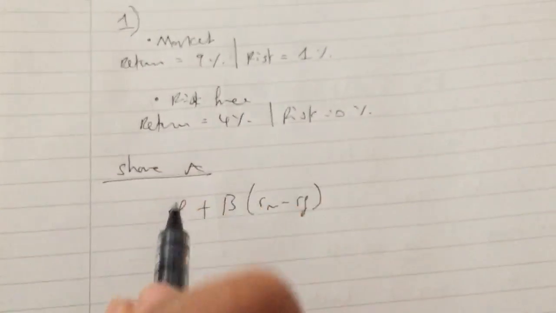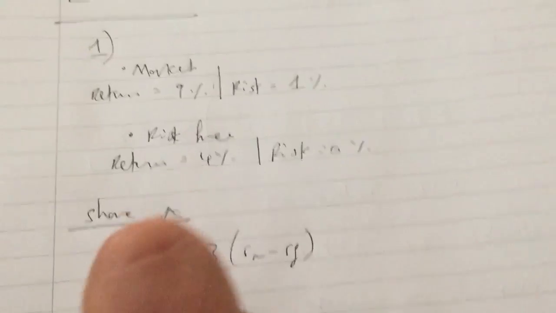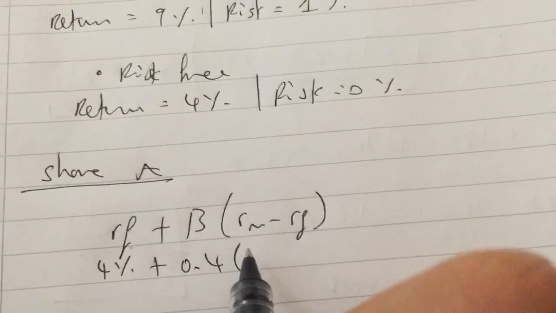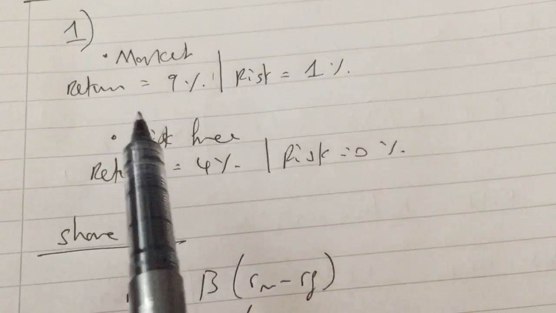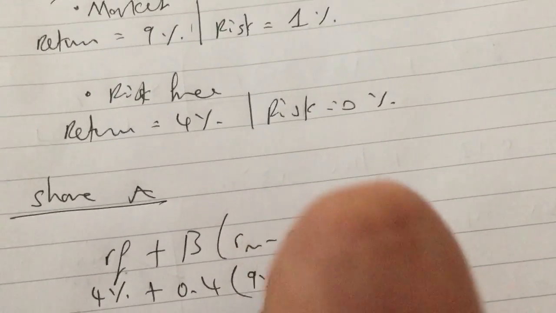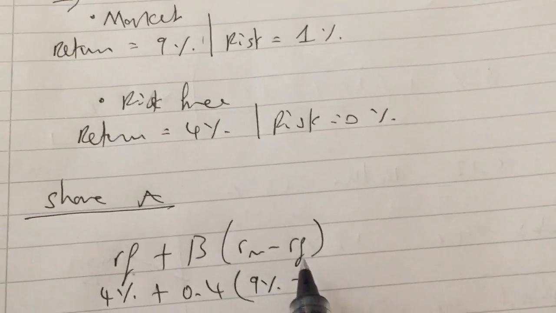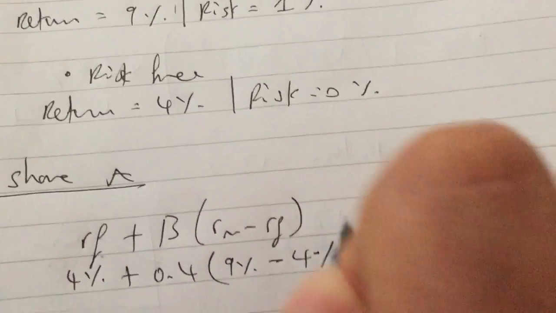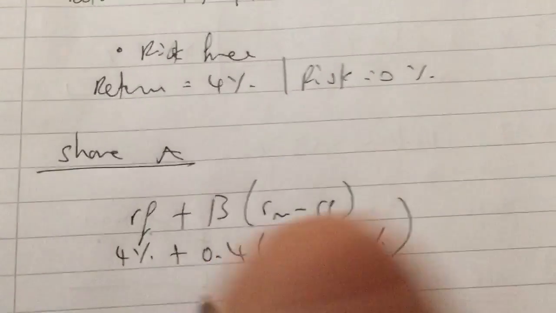The return of the risk-free is 4%, we know that. Plus beta, which they told us for share A is 0.4. The return of the market is 9%, they've already told us that in the question. Minus the return of the risk-free, 4%. We're doing this to work out the minimum required return.